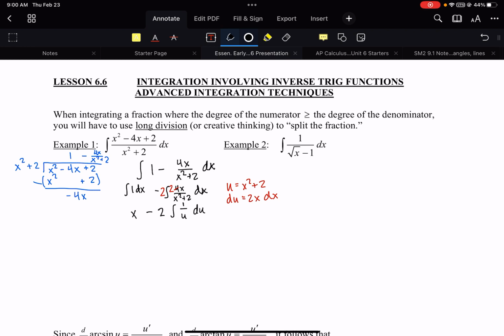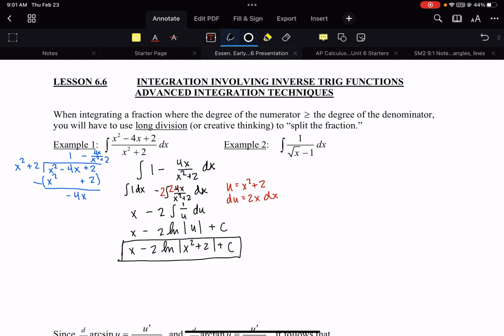So then this turns into x minus 2 natural log of the absolute value of u plus c, and then I'm going to go ahead and put my x's back in. So I get x minus 2 natural log of the absolute value of x squared plus 2, plus c. Don't forget your plus c on this one because you don't have bounds.